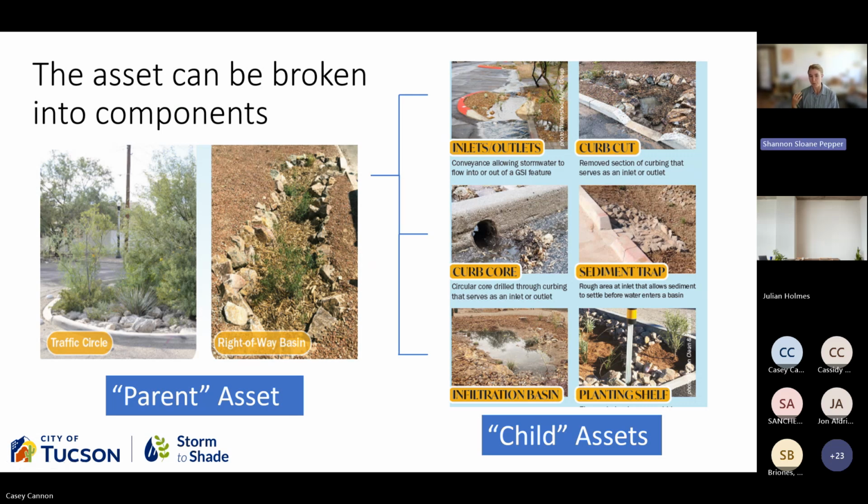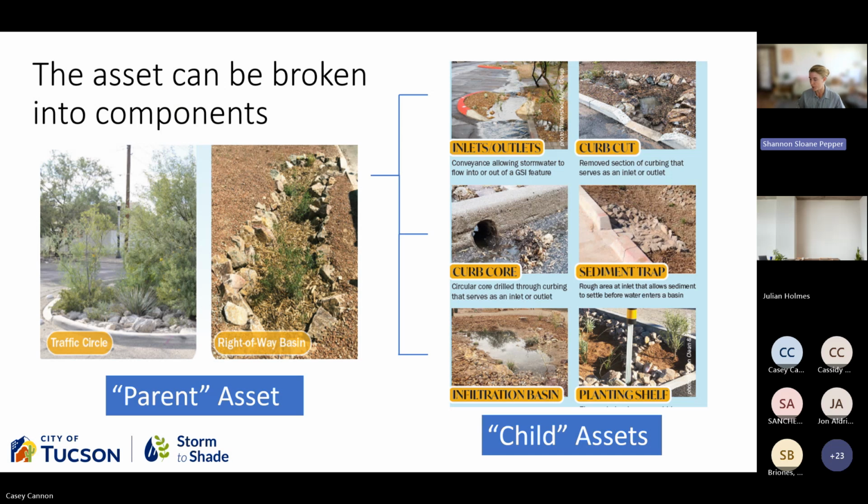You have to decide how granular to go with the definition of an asset. Do you want it to be a collection of parts into a whole, or should each individual component be considered an asset? What you see on the screen here is an example of a parent-child asset inventory. Parent assets are on the left: green stormwater infrastructure installations, like a traffic circle and a right-of-way basin.